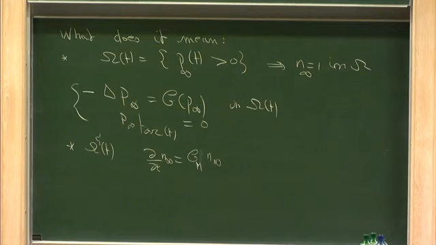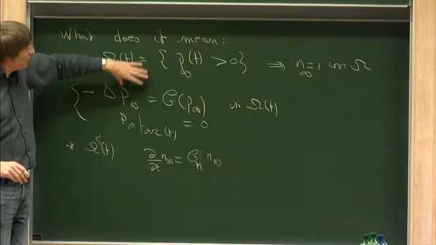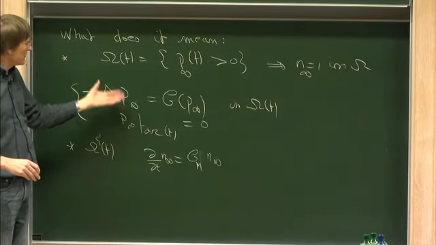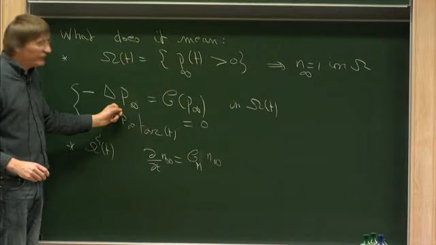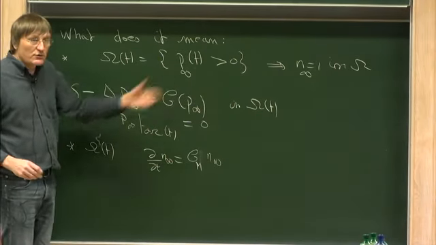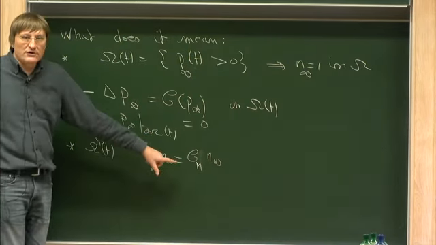So in some sense, you get two equations written in this single equation. You have two equations. One on the pressure, which is independent of n, because n equal 1 doesn't give you information on n, and then you get an information on p. Or you are in the set where p equals 0, and of course p equals 0 doesn't give you so much information, but this equation gives you information on n.